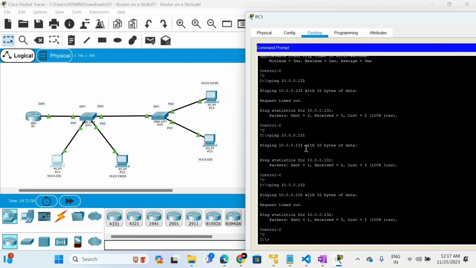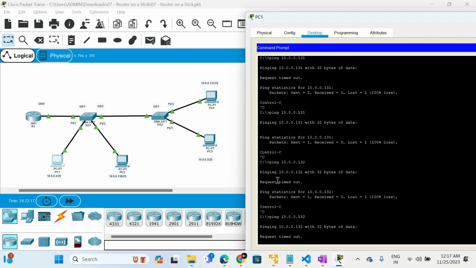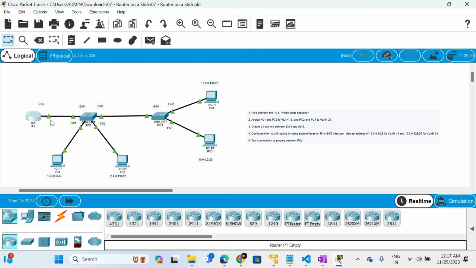It should not ping, but after a period of time it's pinging. This should be troubleshot, because ideally the router should not allow it, even if encapsulation is enabled.